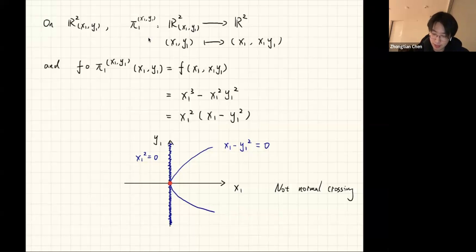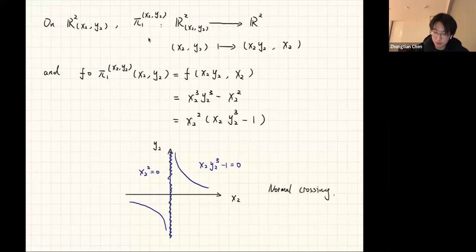We just plug x1 in for x and x1 times y1 for y. Then we will get this polynomial. Then we can plot this polynomial, and you can see this is not normal crossing at the origin. You can see from the picture, or you can just say it does not satisfy the definition.